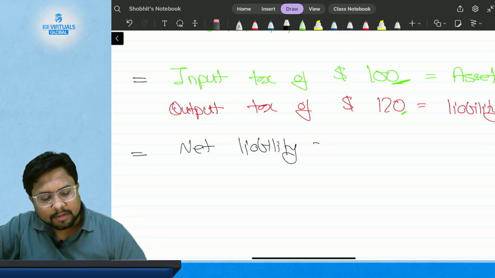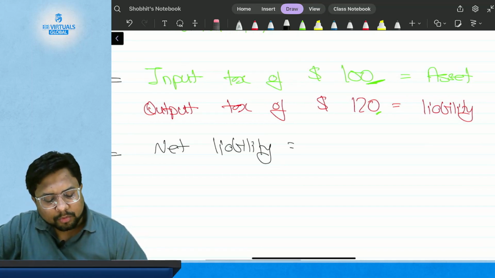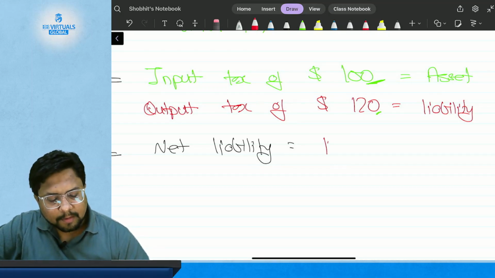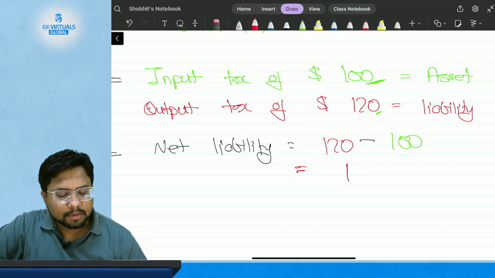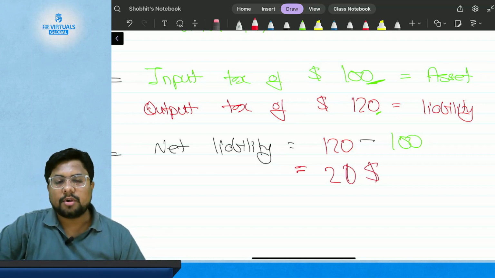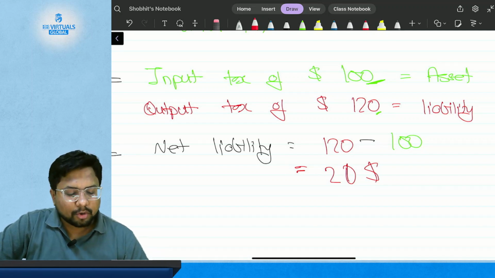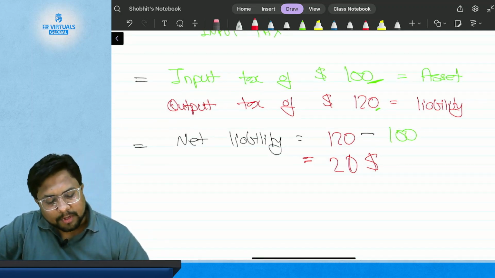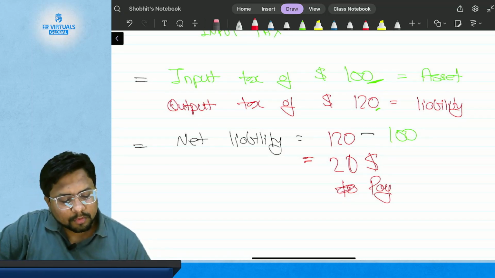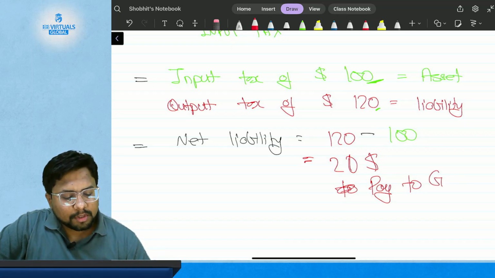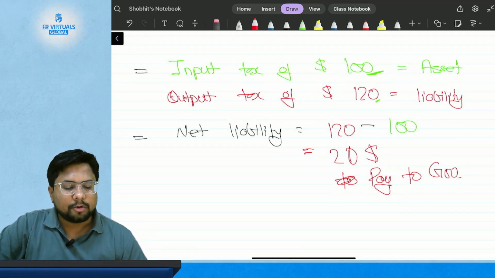So then you can say that you have the total liability of $120 and you have the total asset of $100. So your net liability becomes $20. So your net tax liability becomes $20. So what will you do? You will pay $20 to the government.